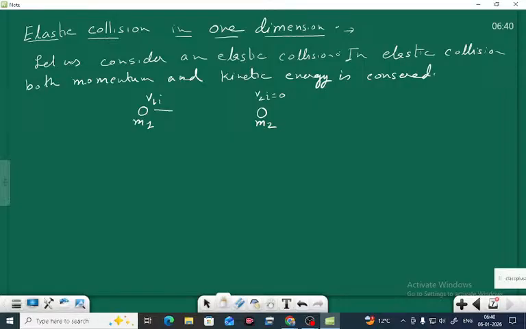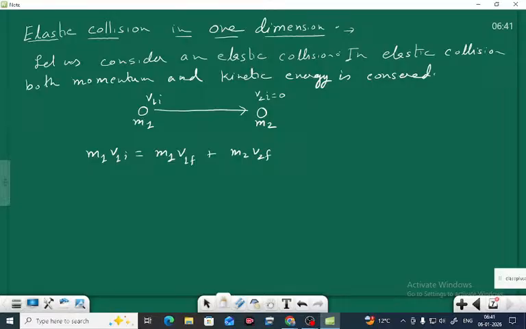So what we are getting here, the first, we are taking the momentum. So momentum conservation, we are getting this value: m1 v1 initial is equal to m1 v1 final plus, this is 0, m2 v2 final.